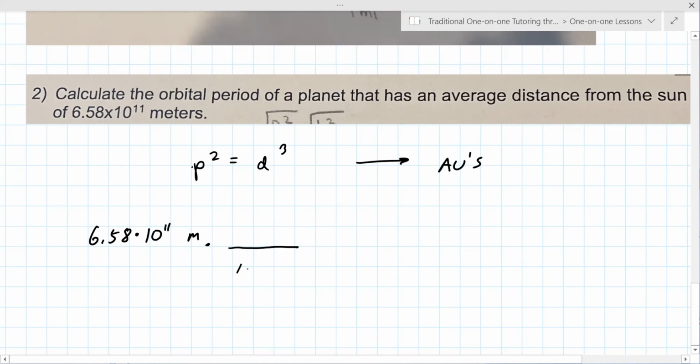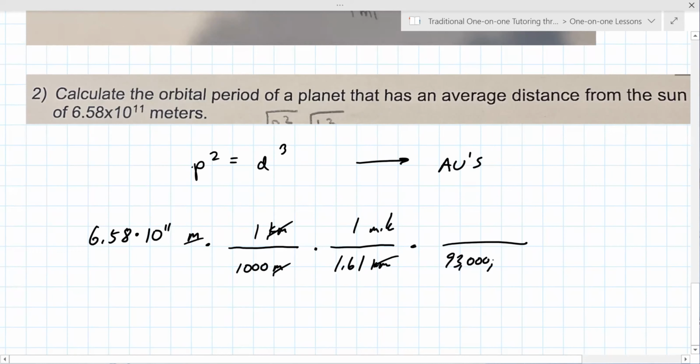So there's 1,000 meters in 1 kilometer times, well, there's 1.61 kilometers in 1 mile. See how these cancel out, but we're not quite there yet, because we know that there's 93 million miles in 1 AU.